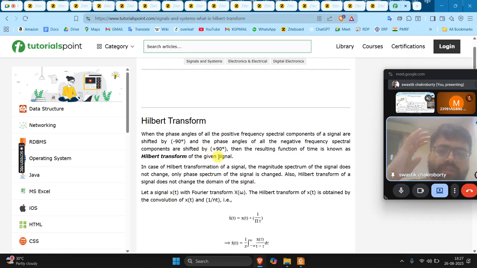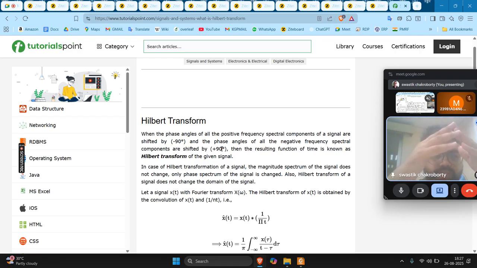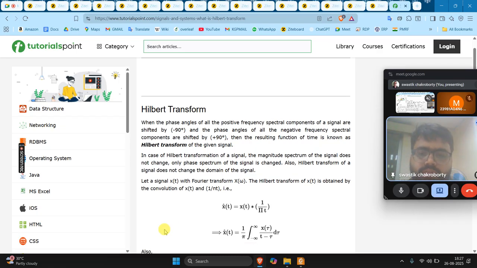The Hilbert transform is basically like when you take a signal and break it down into different frequency components, like in Fourier series. If you phase shift all the components, the positive part by -90 and the negative part by +90, then you get the Hilbert transform. So you take the Fourier series and phase shift it by -90 degrees. That is the Hilbert transform.